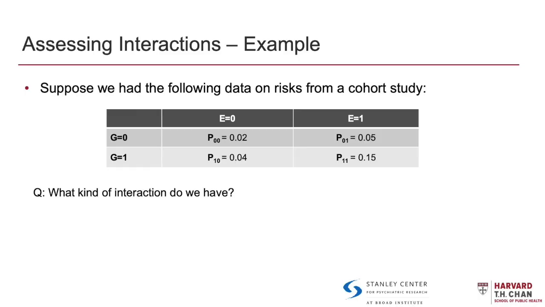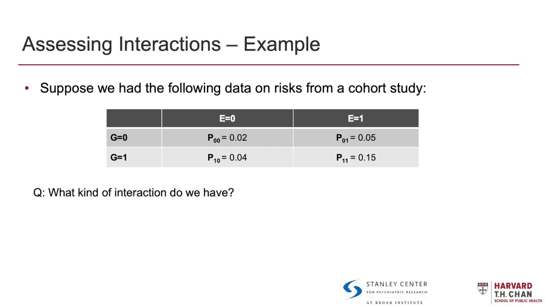Let's look at this in a simple example. Suppose we have this data on the risk of a disease from a cohort study, formatted in a similar way as the prior slide, where we have the genetic risk factor depicted as a binary variable, 0 and 1, and the environmental risk factor as 0 and 1, and the probability of the disease presented in each cell.